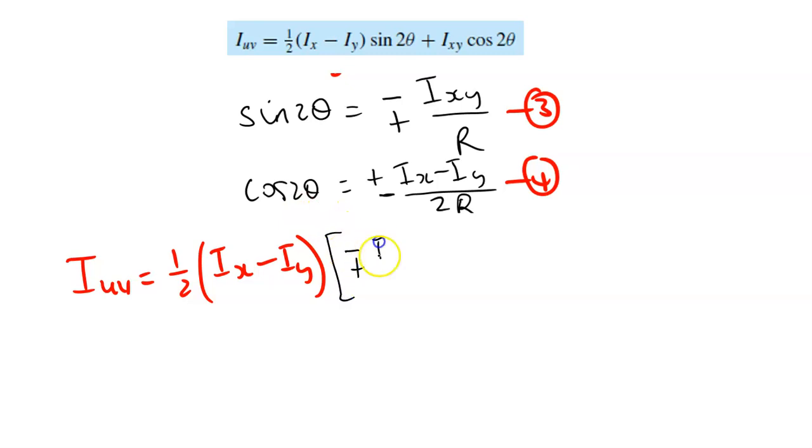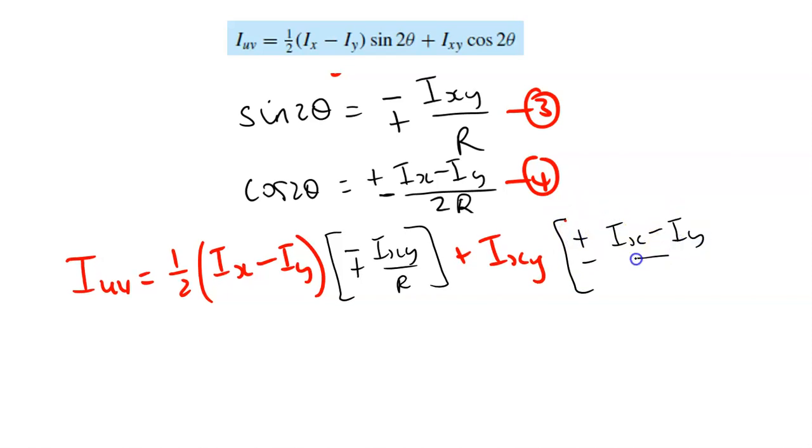It's minus plus Ixy on R. Then if you look at it carefully enough, you'll recognize it's minus Ixy on R multiplied by (Ix minus Iy) on 2, plus Ixy multiplied by Ixy on 2R. So you're going to get 0 for the first solution. And if you look closely enough, you're going to get 0 for the second solution if you have plus and negative here as well.